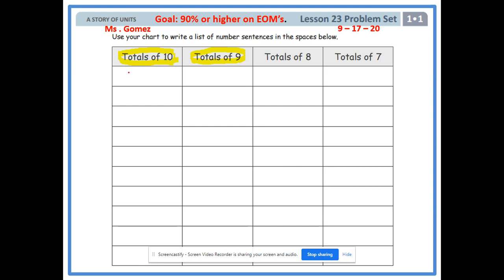So if you unfold your chart and you follow the staircase all the way to the bottom, your first equation will be 10 plus 0. Sorry about my handwriting. Don't write like that. With your pencil, it should be quality work. 10 plus 0 equals 10. That's the first equation at the bottom of the addition chart. Go ahead and write it in.